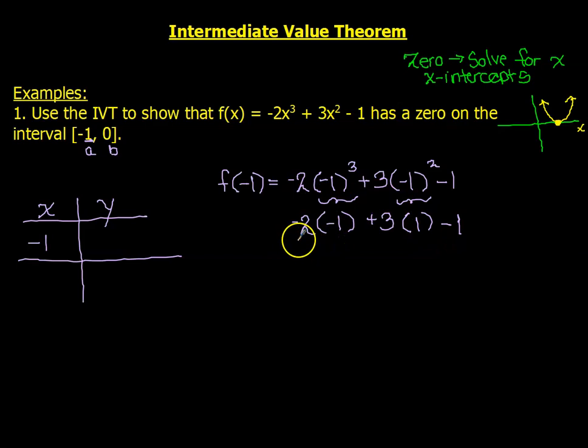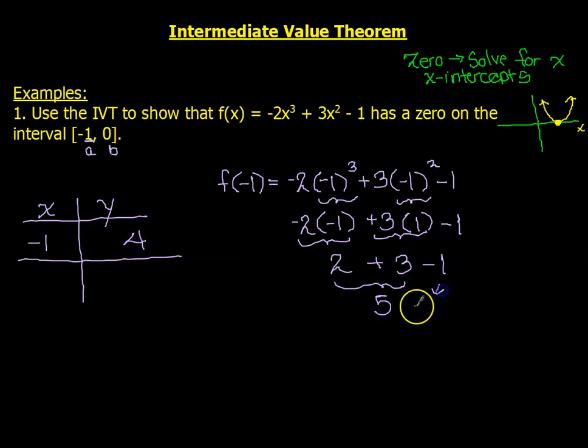And then after exponents, we multiply. We have 2 plus 3 minus 1. So we have 2 plus 3, which is 6, or sorry, 5. 5 minus 1 gives you 4. And then from here, we're going to solve the other y value, which would be f of b.